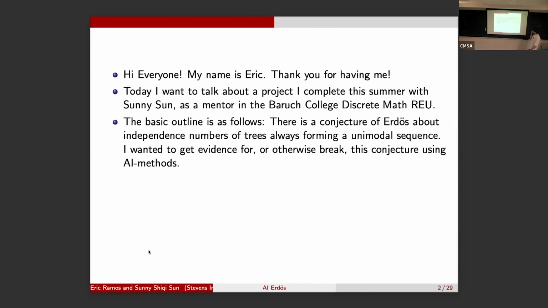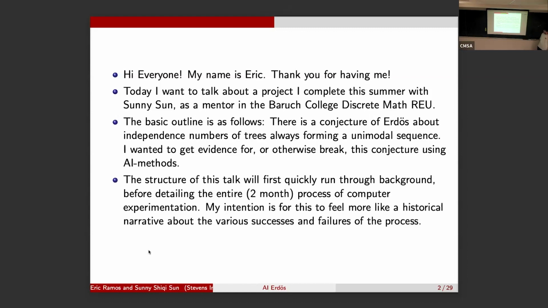There's a conjecture of Erdos about independence numbers of trees always forming a unimodal sequence. The purpose of this project, to start, was to get evidence for or otherwise break this conjecture using AI methods. The structure of this talk will be to first quickly run through some background, before detailing the entire two-month process of computer experimentation.